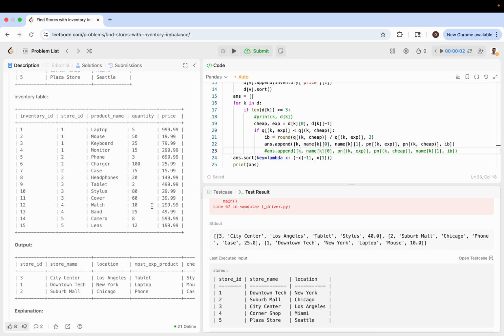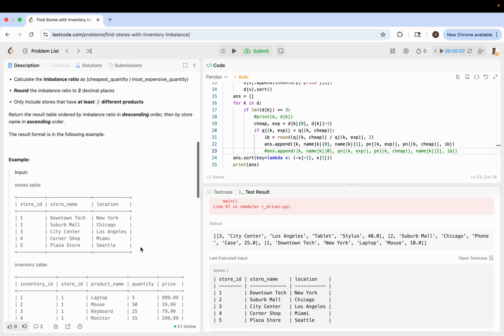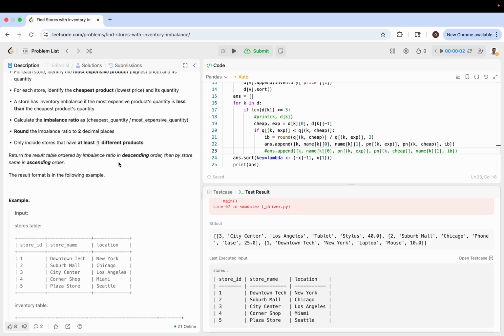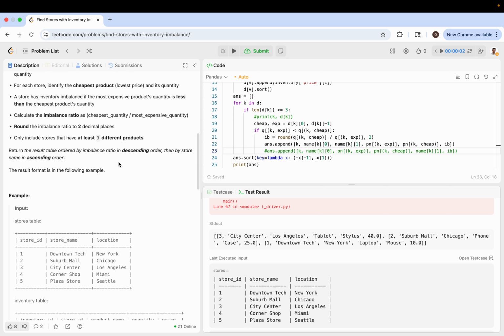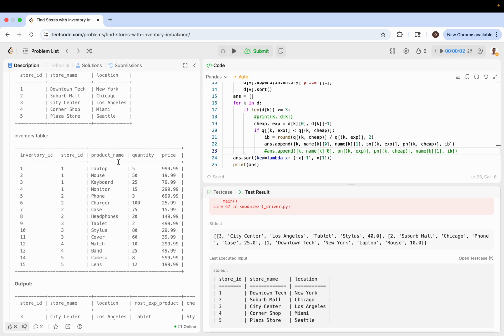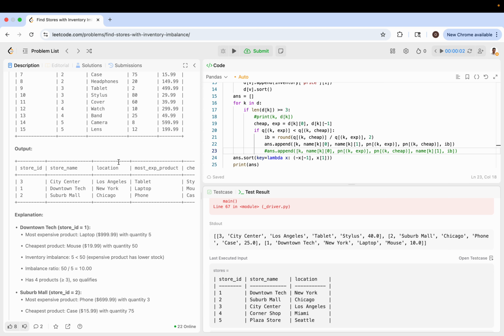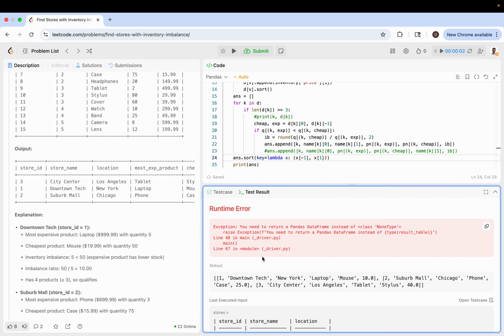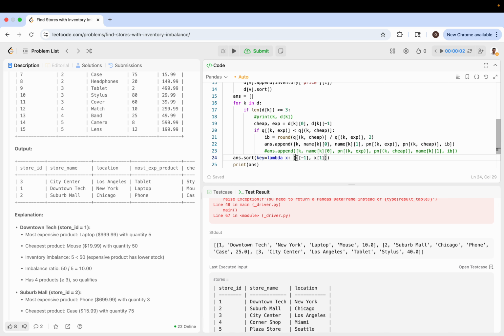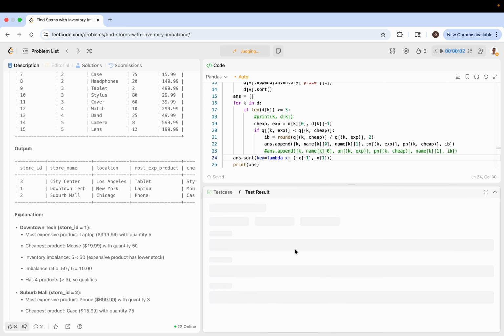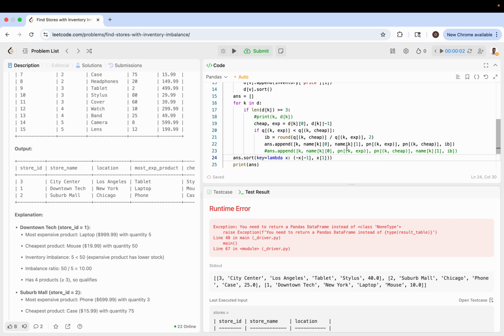Cool. So now we just have to sort it correctly, which is again by the imbalance ratio in descending order, and then by the store name in ascending order. That looks correct to me. If it's in descending order, then yep, negative x 0, 1, 2, 3, 4, 5.